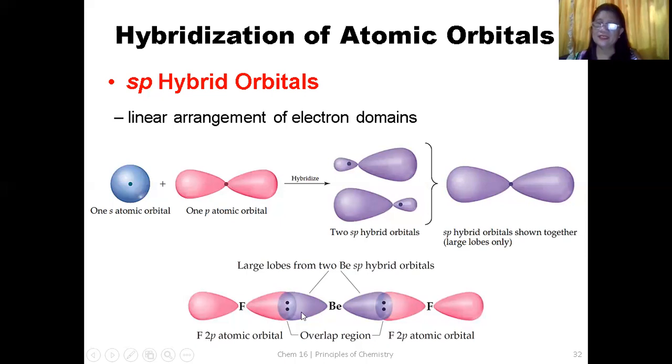Beryllium is S, an S orbital. Your F is P. So there will be a 2p orbital here.